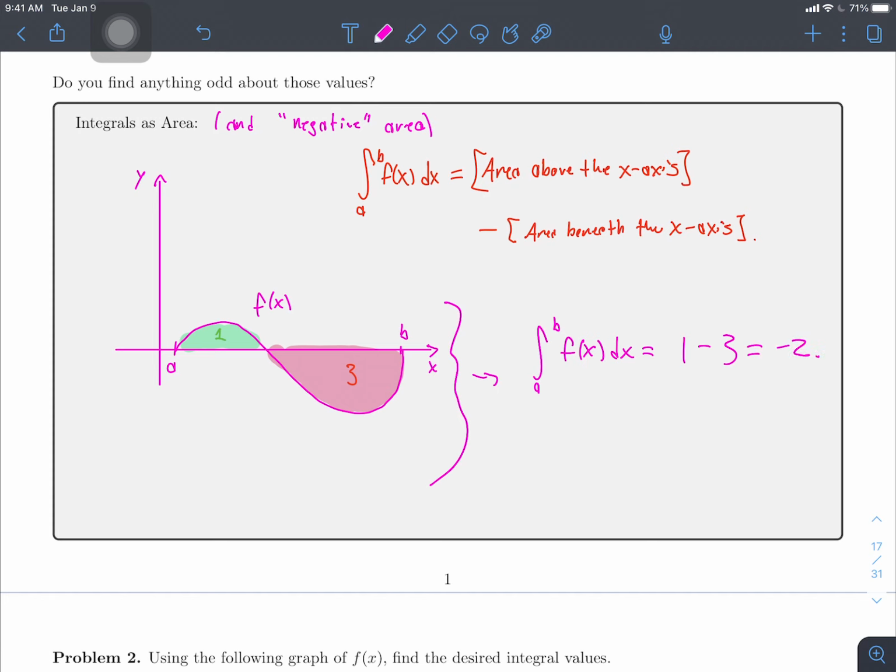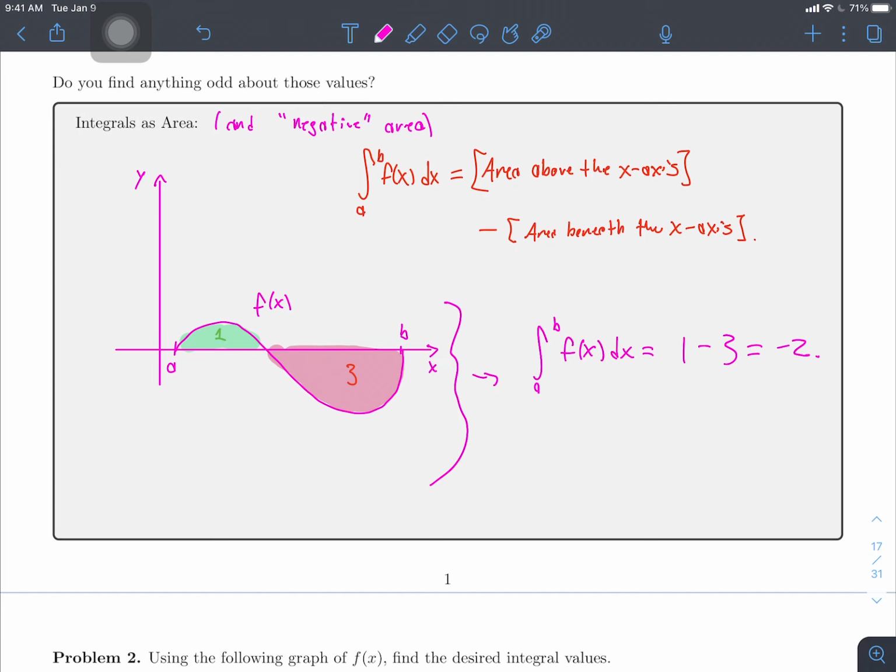That's perfectly fine, because remember, integrals are about the accumulation of change, right? It's possible for us to accumulate a negative change, i.e., I could be moving backwards, or I could be losing money, or I could be getting rid of a drug in my bloodstream, anything that could be decreasing, right?